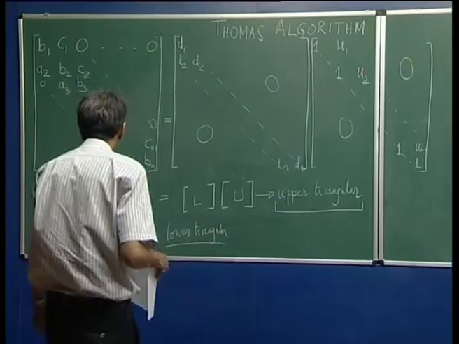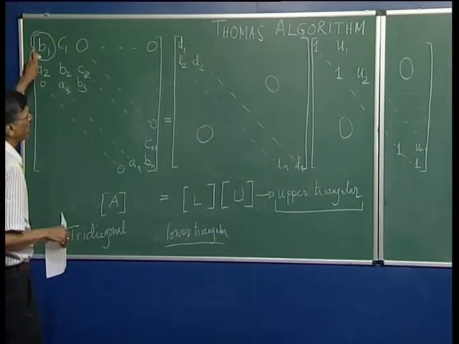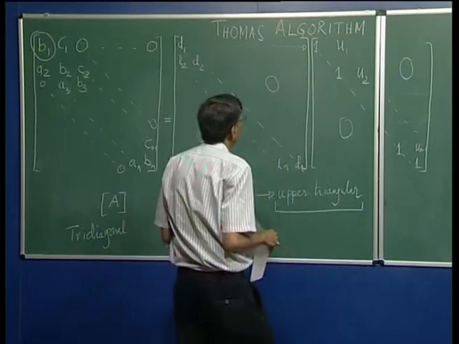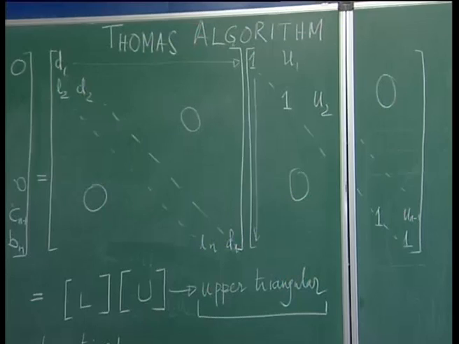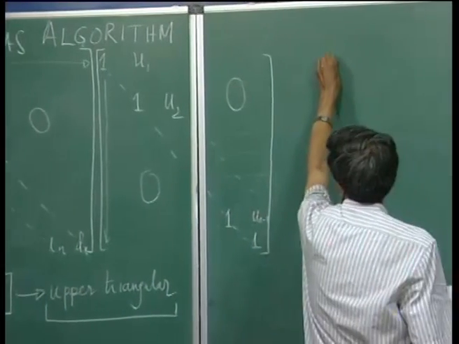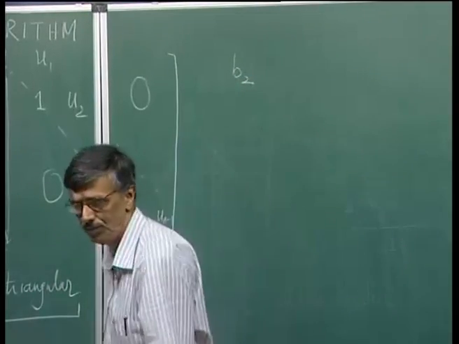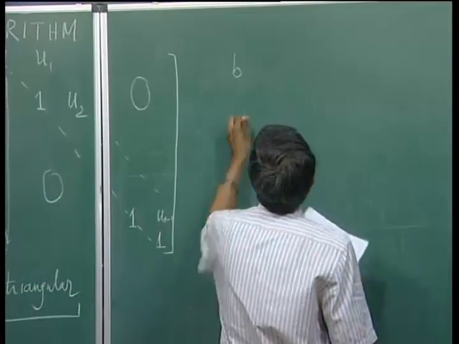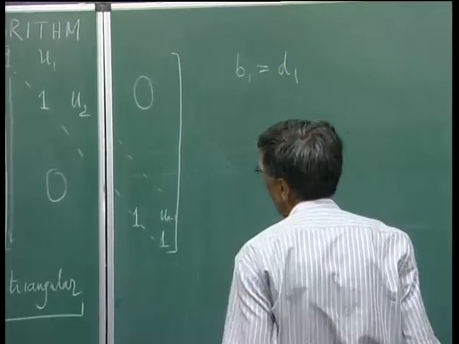For example, if I look at this entry A11, that is this B1, it is nothing but the product of the first row of L matrix multiplied by the first column of the U matrix, and that is going to give us simply B1 equal to D1.